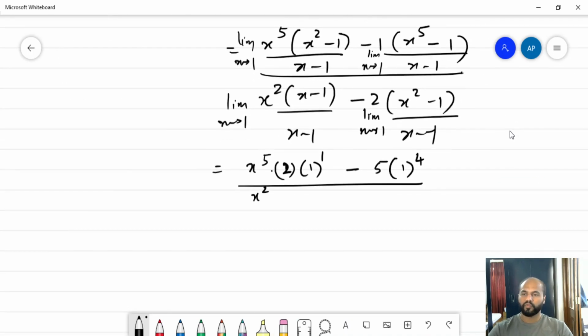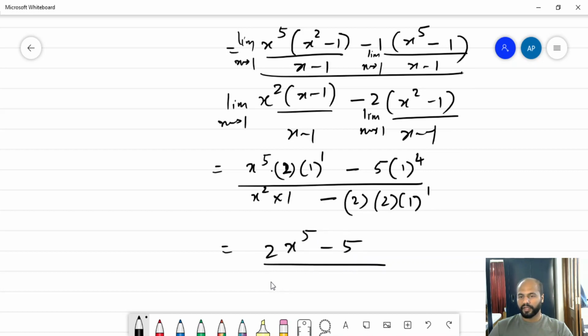So this term would be cancelled out straight away. So that would be just 1. Last one we're going to write as n a to the n minus 1. So ultimately now what we are getting is 2x raised to 5 minus 5 divided by x squared minus 4.